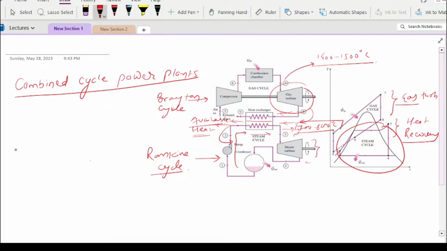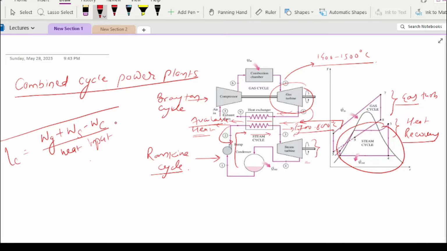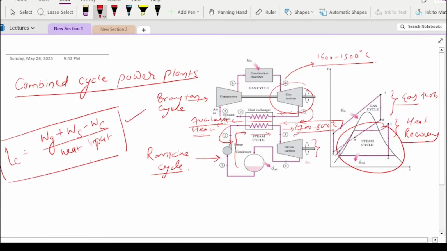Therefore, the combined cycle efficiency is given by W gas turbine plus W of steam minus W compression, divided by heat input. This is the calculation of efficiency.